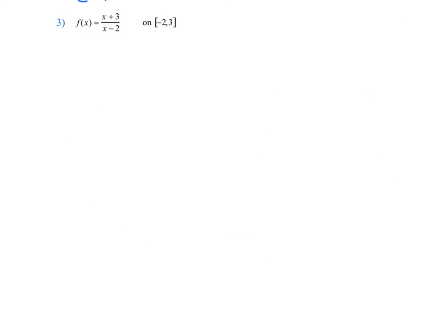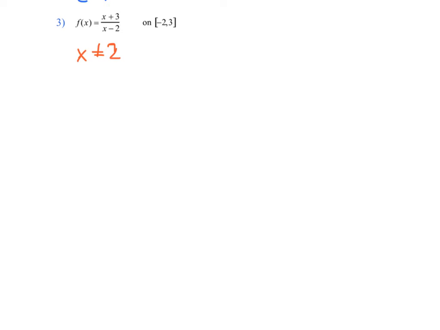Taking a look at this third one, it's a rational function, and we want to be really careful with our domain for rational functions. So f of x equals (x plus 3) over (x minus 2). What is the domain here? What x values are allowed? Well, we know right away that x cannot equal 2. And when x does equal 2, we're going to have a vertical asymptote, which would clearly make it not continuous.